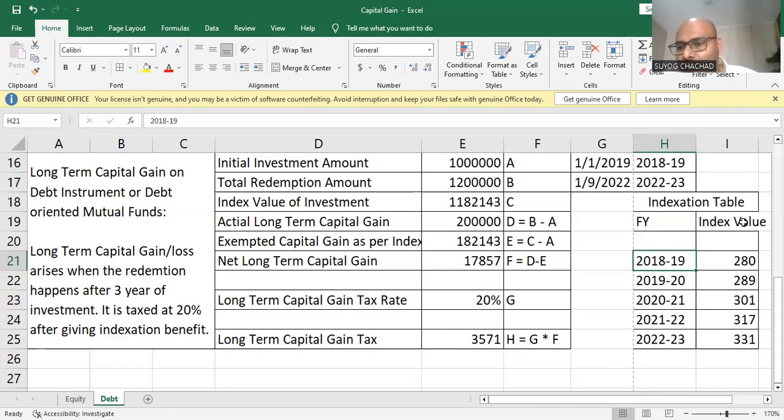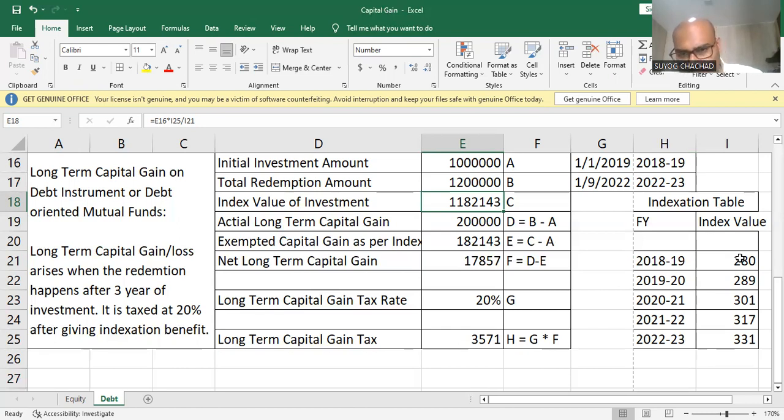If 280 becomes 331, then how will this 10 lakh rupees grow? We calculate this using a simple formula, multiplying your investment amount by 331 divided by 280, because we withdrew in the financial year 2022-23 but our investment year was 2018-19. So we arrive at the indexed value of the initial investment amount.